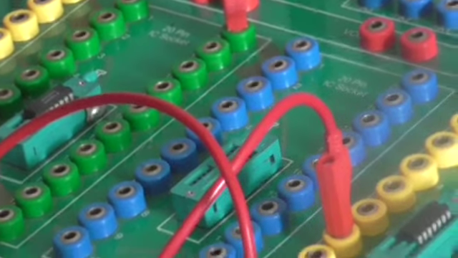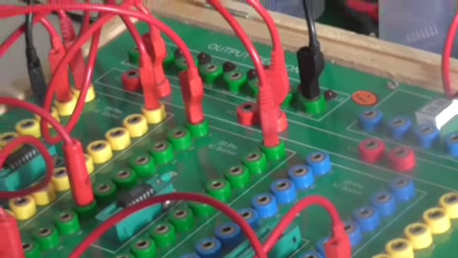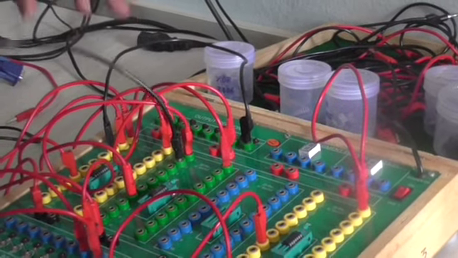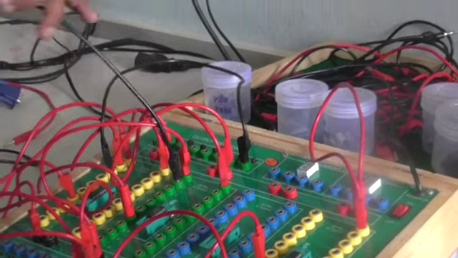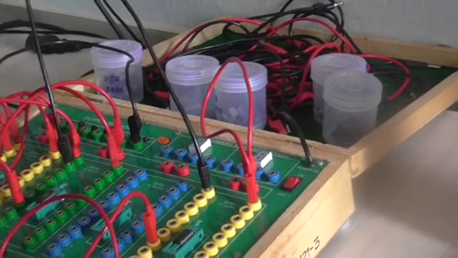Now the next connection: input A is connected to the NOT gate, and the output generated by the NOT gate is connected to the AND gate. In a NOT gate, pin 1 is input and pin 2 is output, and it is directly connected to the AND gate as one input.